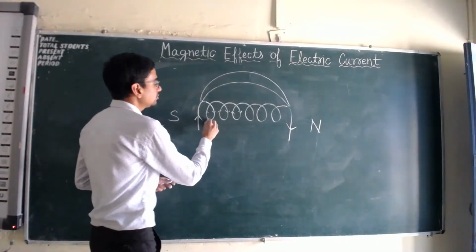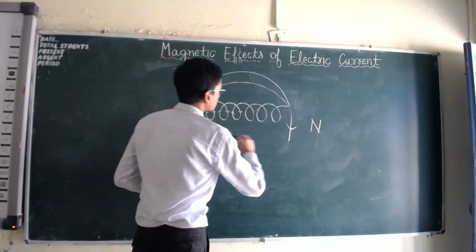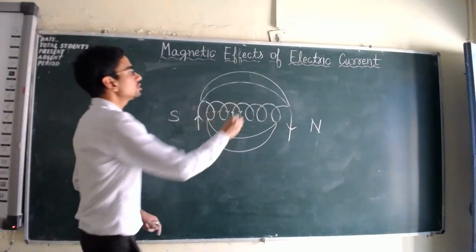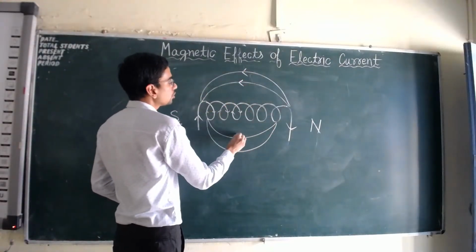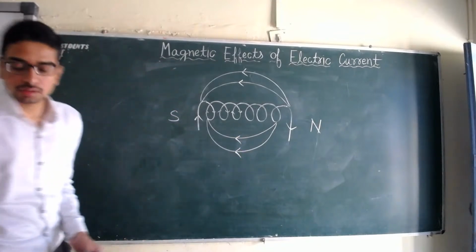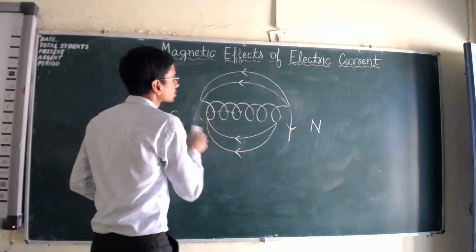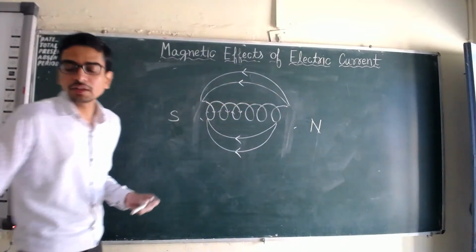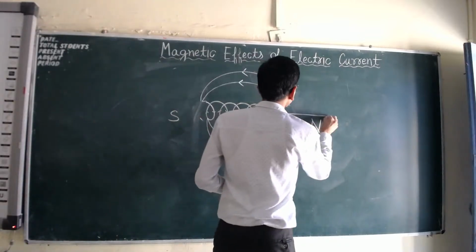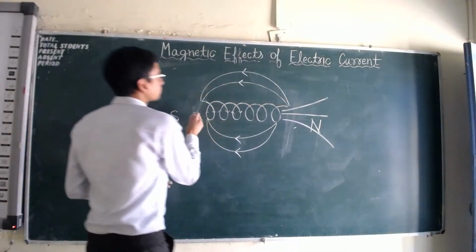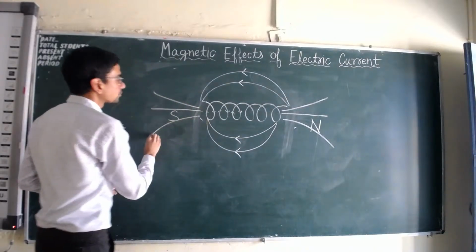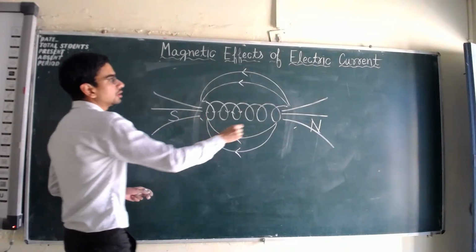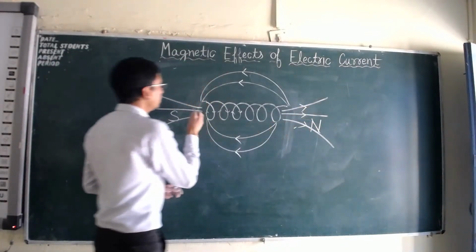So direction will be, you can see, north to south, and inside it will be like this. Okay, so it will be away from the north and into the south.